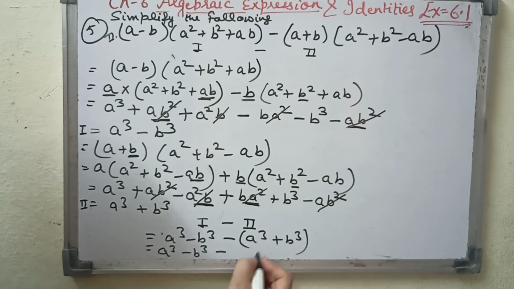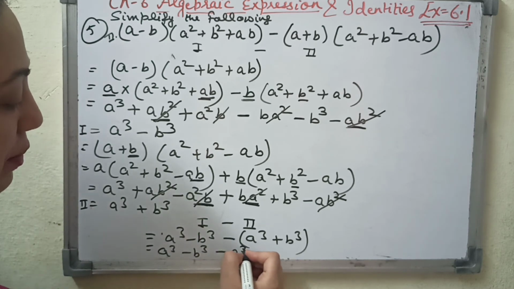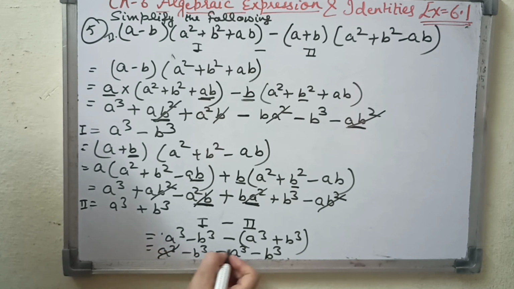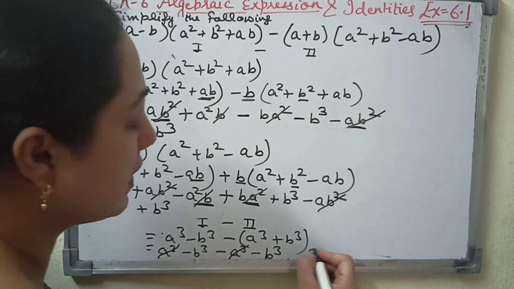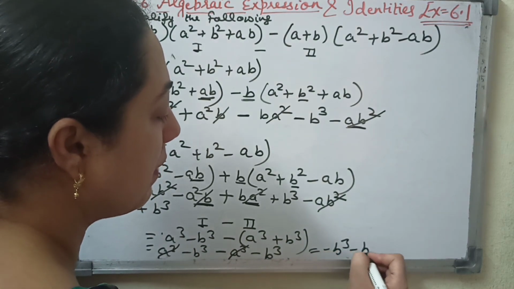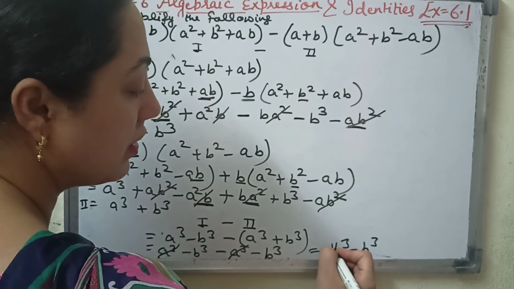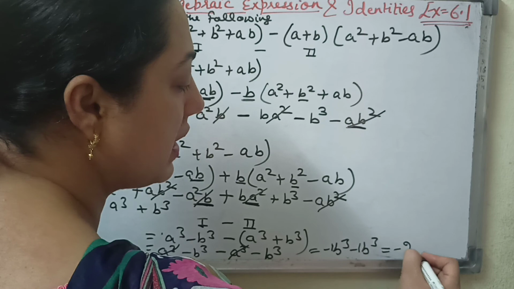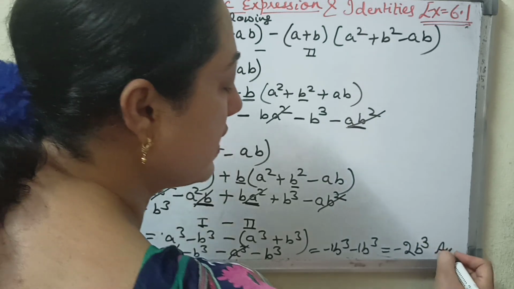Whenever there is a negative sign, change the sign inside the bracket. It becomes minus a cube minus b cube. Now, a cube cancels with the a cube because this is plus, this is minus. We are left with minus b cube minus b cube. And this is minus 1b cube, this is minus 1b cube, and this is minus 2b cube. This is your answer.